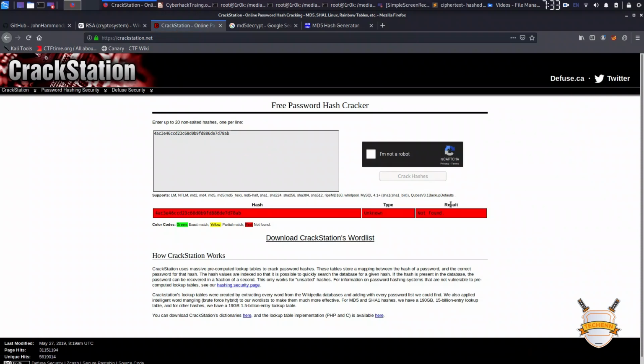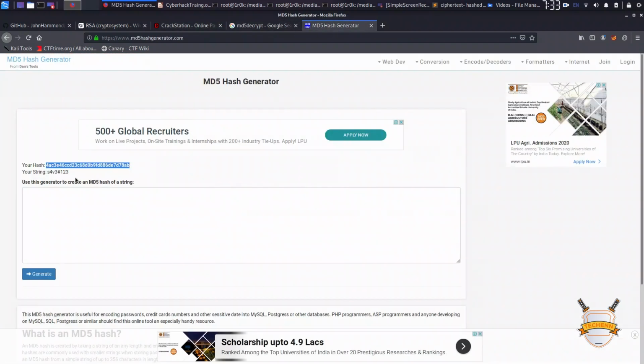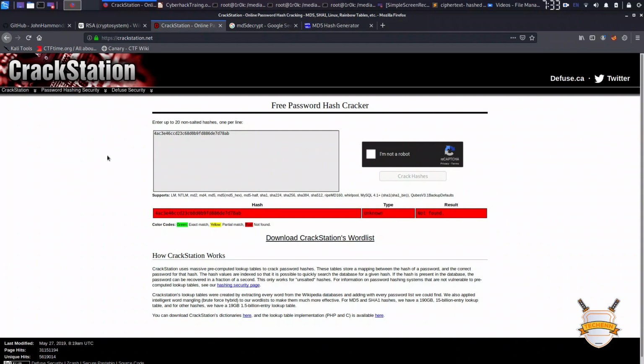See, it says not found. Why? Because probably the word S4V3#123 may not be present in their database. Okay, so it shows not found.